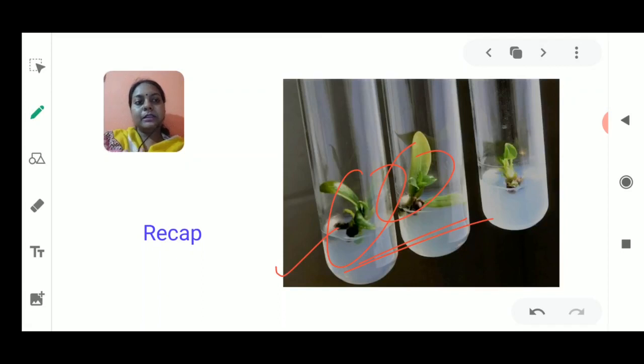So they are generated in the test tube, but they are always sown in the soil. This was about artificial vegetative propagation. This tissue culture technique was very important as compared to grafting, layering and cutting.